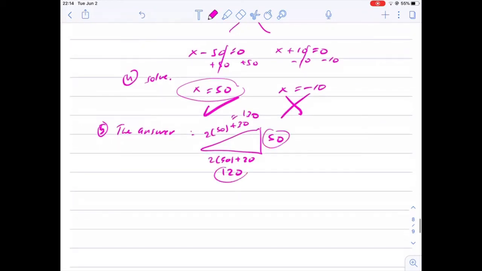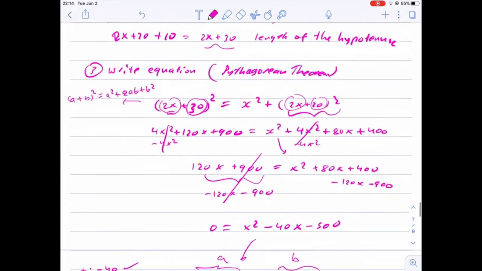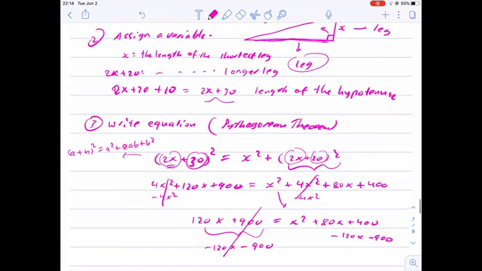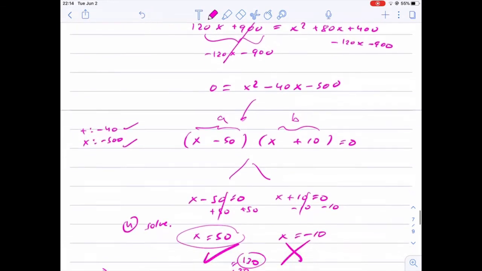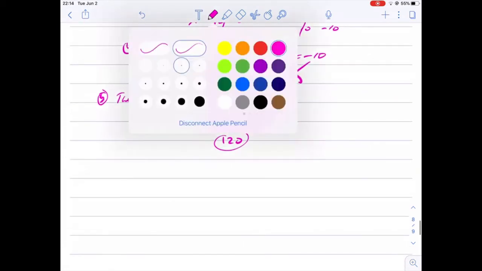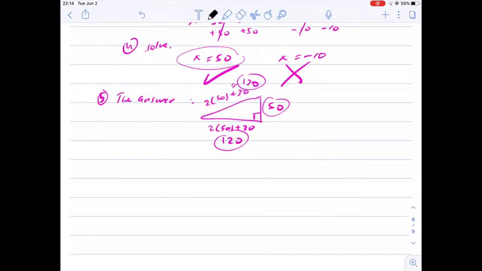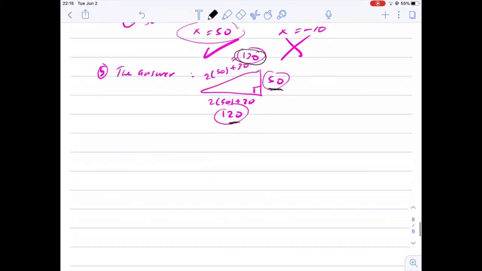So these are the lengths of this rectangle. Now if we want to check our answer, we can apply the Pythagorean theorem again to determine if this is correct or not. So if we square 130, this should be equal to 50 squared plus 120 squared.